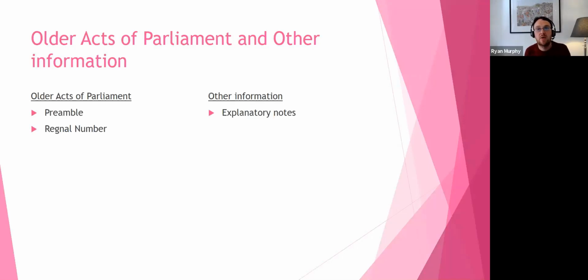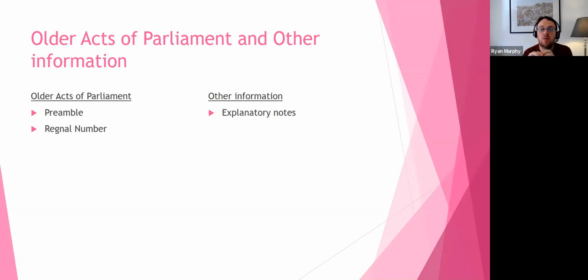And then finally what you have is something very useful, external to the Act. It's not part of the Act, it doesn't form part of the binding law of an Act of Parliament, and that's the explanatory notes. Now, explanatory notes are there to give the government's view, in particular for a public bill, in much more lay terms, of what the purpose of the Act is, why it was needed, and to explain the various sections of that Act of Parliament.